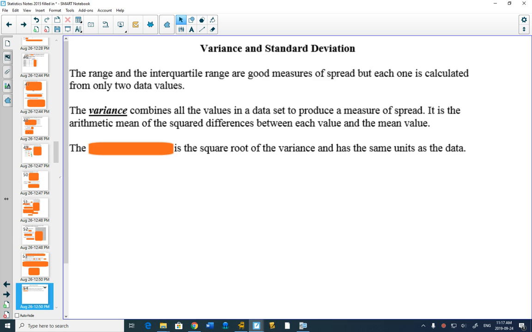So we'll do the actual math, and we'll look at that sentence again, and then be like, oh, I can see it a little bit better now. And then the standard deviation, that's just the square root of the variance. Has the same units as the data.